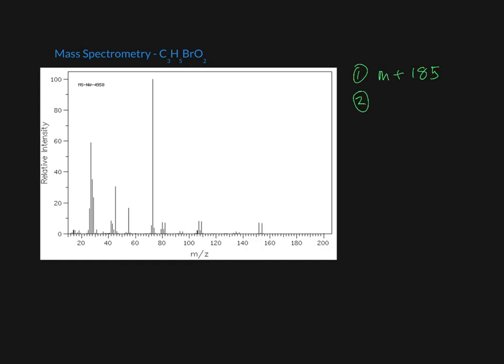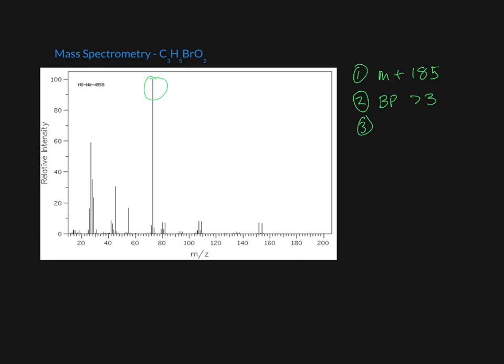The second thing we do is find our base peak, which is the largest peak in the graph, being this right here. Our base peak is at 73. The third thing we need to do is identify any fragmentation patterns.